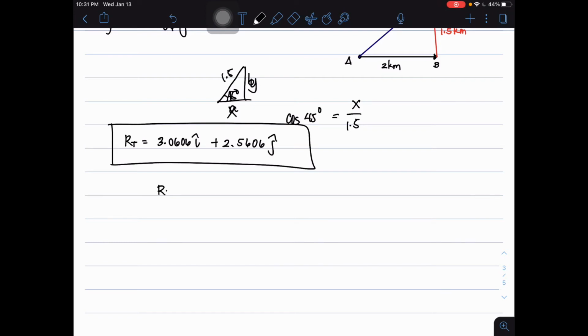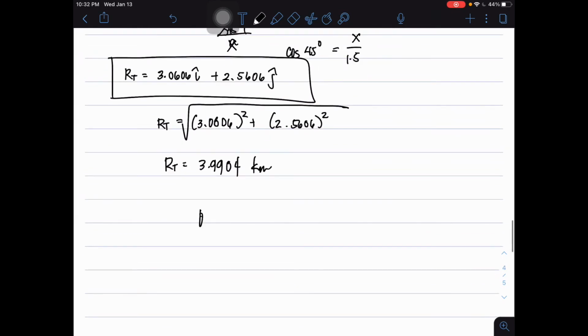You're going to be using the Pythagorean theorem. 3.0606 squared plus 2.5606 squared, and then the square root gives us 3.9904 kilometers.